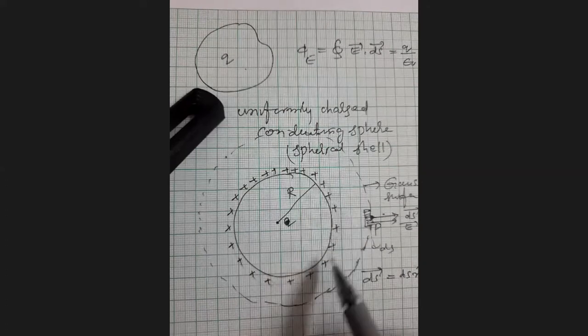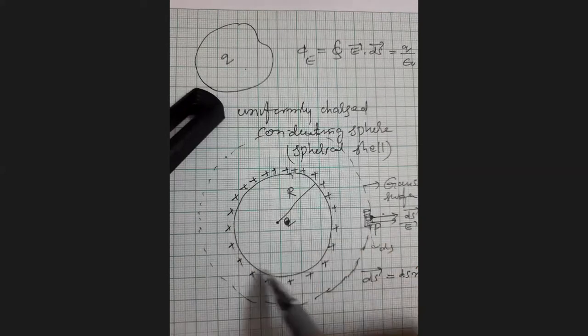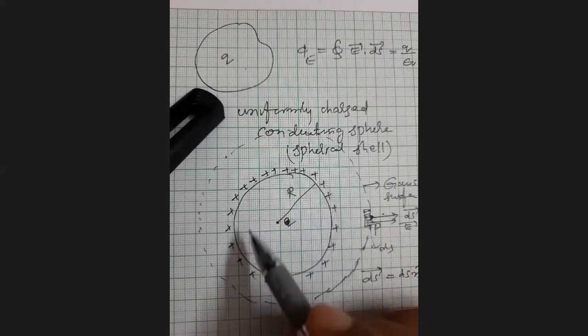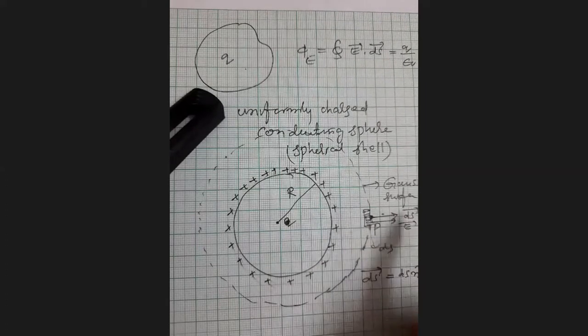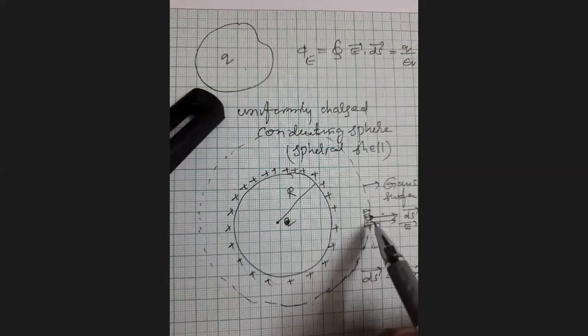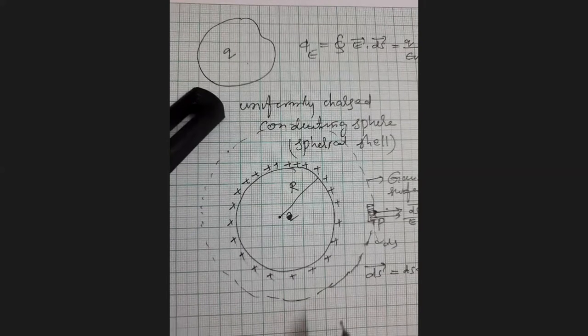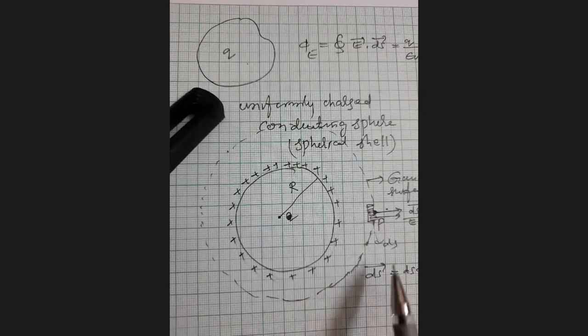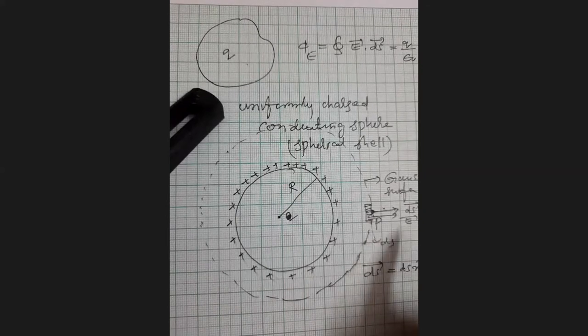If it is positively charged, then the direction of E bar is radially outwards. If it is negatively charged, then since the electric lines of force are radially inwards and perpendicular to the surface, the E bar direction will be radially inwards. You remember that. In our figure, we consider the positively charged sphere. Therefore, E bar direction is shown outward.